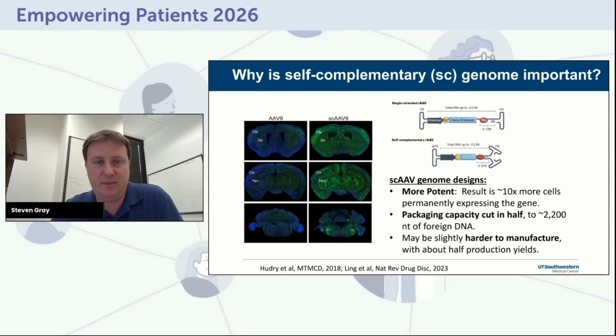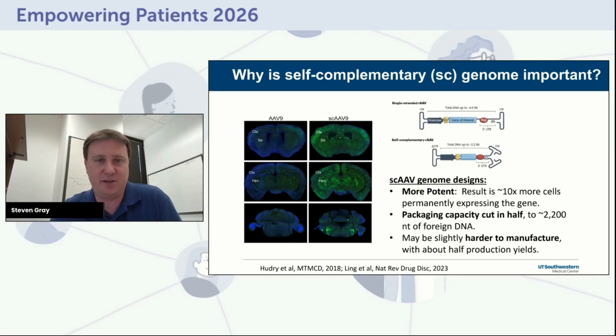The implication is that when you make this double-stranded or self-complementary genome, the AAV overall becomes much more potent, say about 10 times more potent. But the packaging capacity is cut in half.